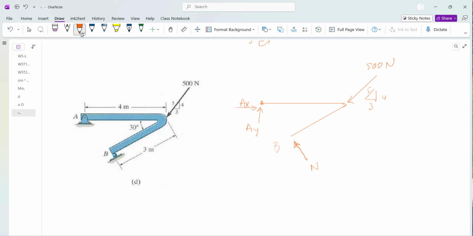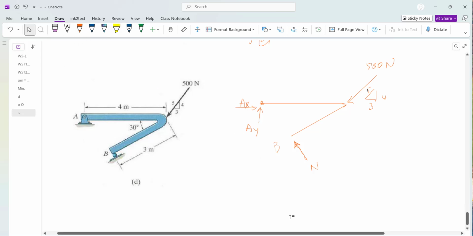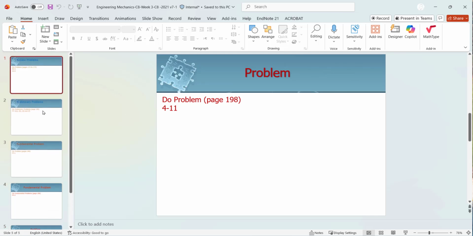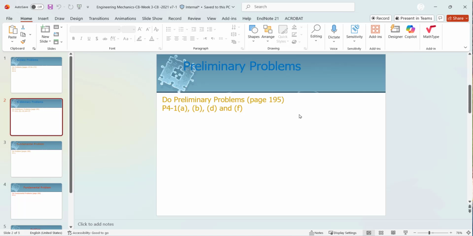If you want to calculate sine, cos, tan, or any angle here, that triangle is helpful. So now we are done with the free body diagram. Later on we can come back to solve this, but at this stage we just want to generate the free body diagram.